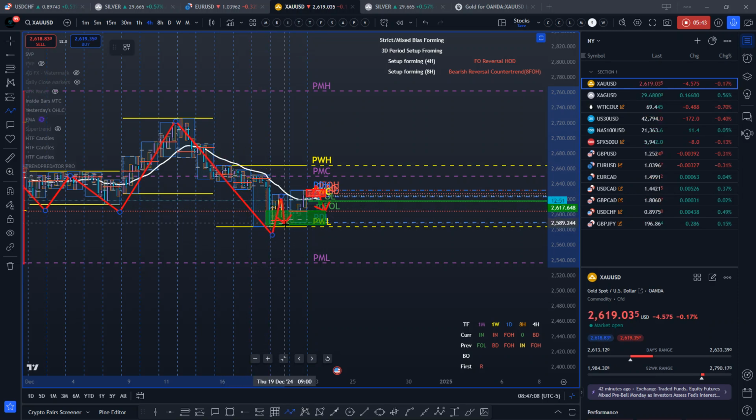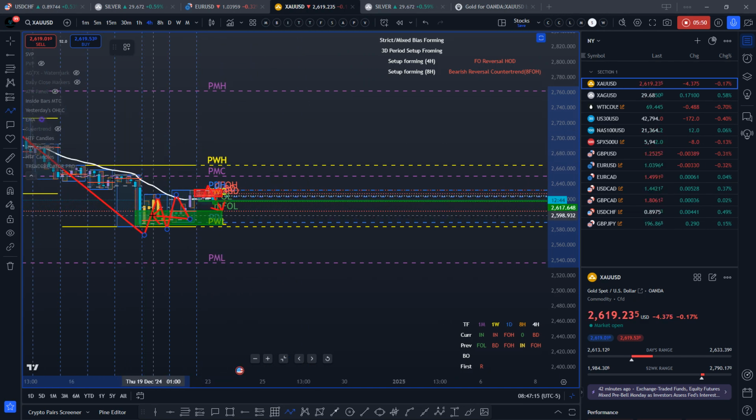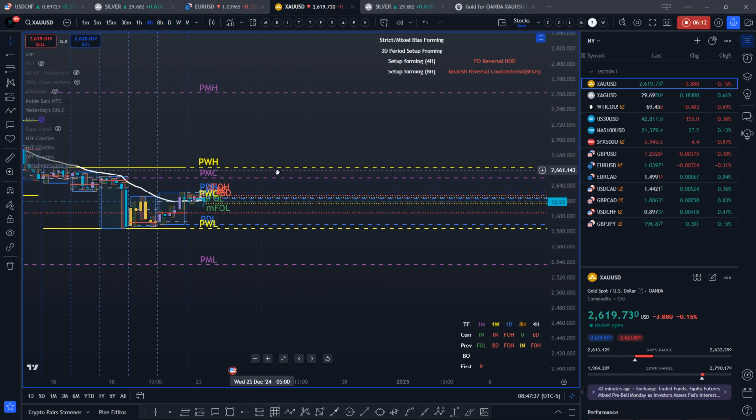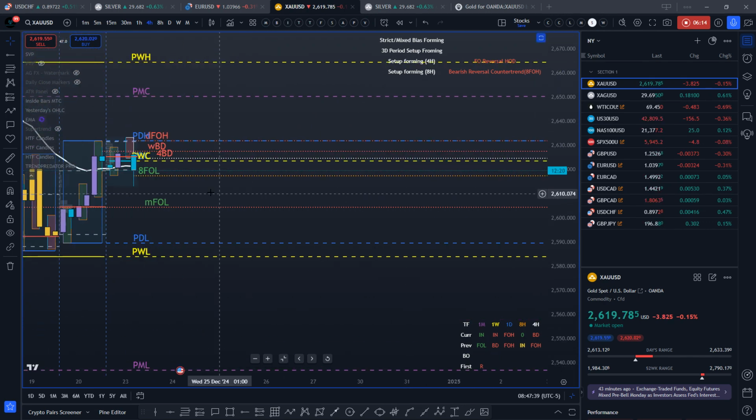We coiled around them throughout last week, and then Friday didn't quite test the low. Yeah, we're still coiling around them on Friday, and then we stayed above them on Friday and this week so far, but we could be about to head back into them. Okay, so that would be my target.